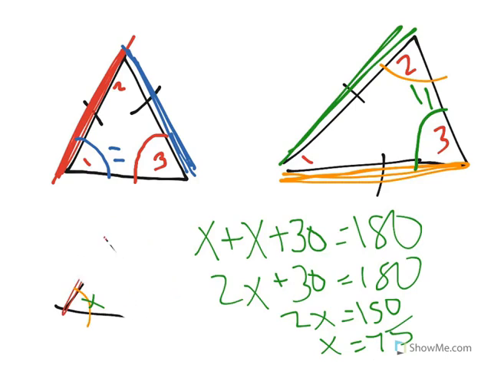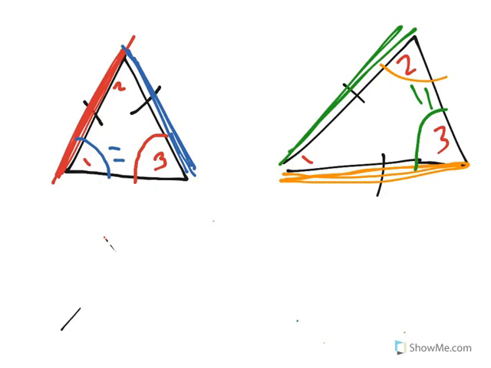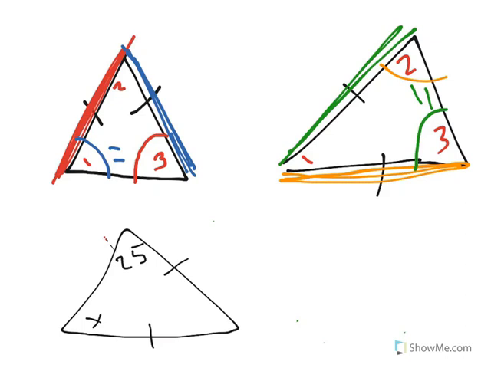Just to give you another picture to review. If I had a triangle that looked like this, and this angle up here is 25, and this right here is what we're looking for. I'm going to label my base angles.